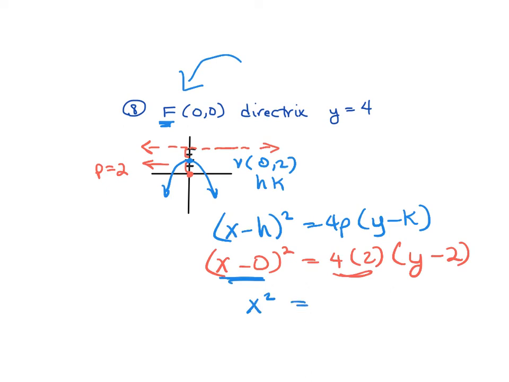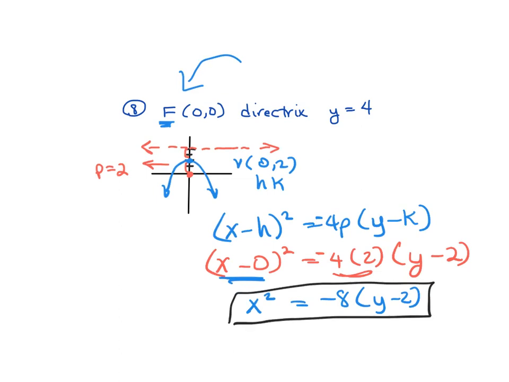And then it's opening downward, so let me put a negative in front of this 4. So negative 4 times 2 gives me negative 8, and then y minus 2. So this is my equation given a focus this time and a directrix.